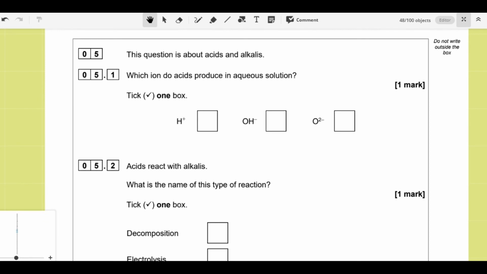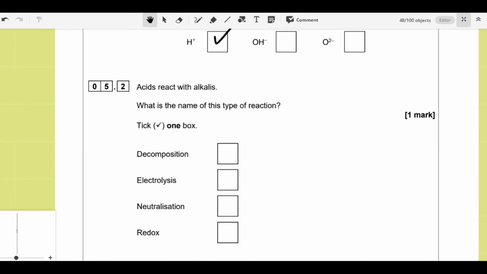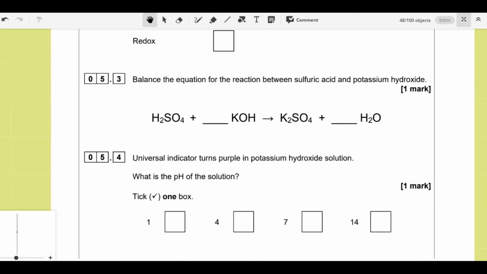Okay, next is question number 5. This question is about acids and alkalis. Which ions do acids produce in aqueous solution? So acids produce hydrogen ions. Acids react with alkalis, and here it will form a neutralization reaction, because acid reacts with alkali to form salt and water. Next, balance the equation.